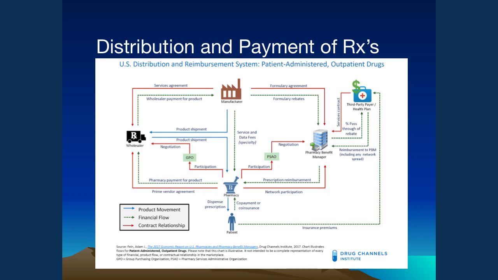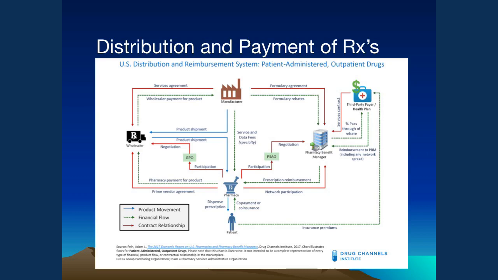However, sometimes in networks, it's all depending upon what the pharmacy is willing to give up in terms of discounts. And the third party payer is paying the pharmacy benefit manager to manage the prescription plan. In turn, what does that pharmacy benefit manager do?